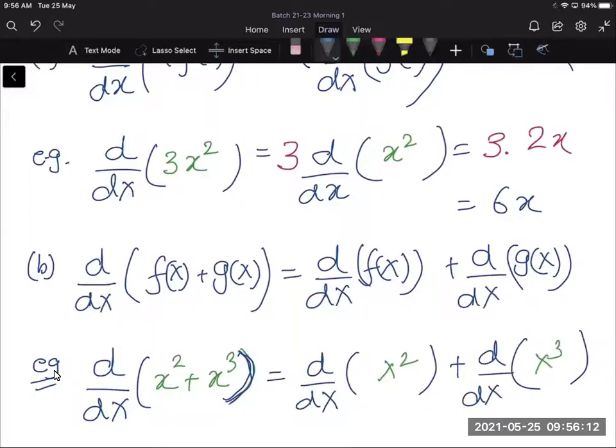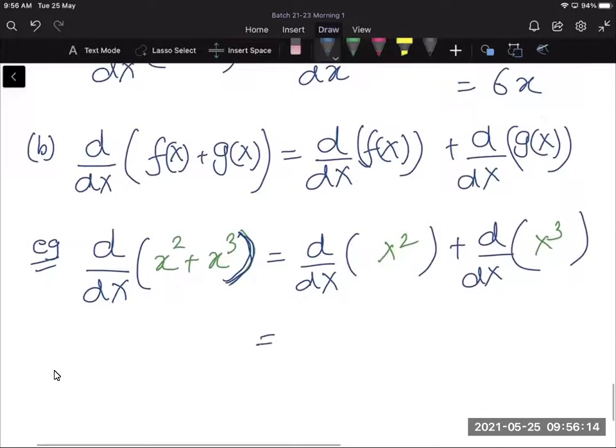We know that the answer to this is 2x, and the answer to this is 3x square. So if you have two functions which are subtracted or added to each other, then you can find their slopes separately and then add or subtract them depending on what is given here. So I can write plus minus, plus minus.